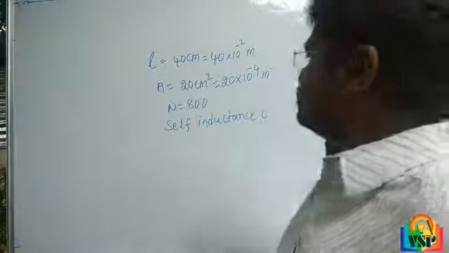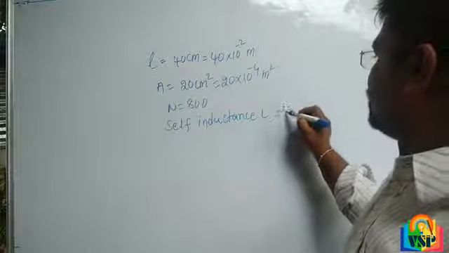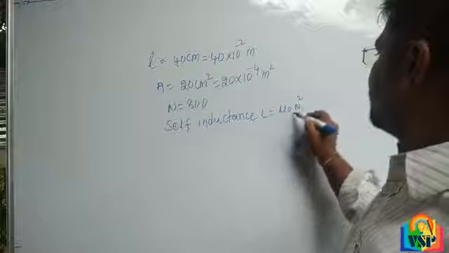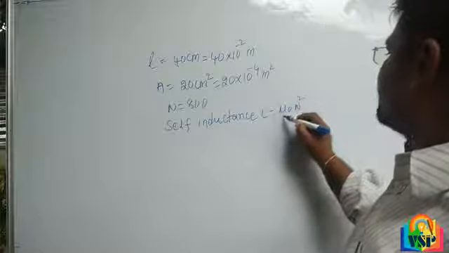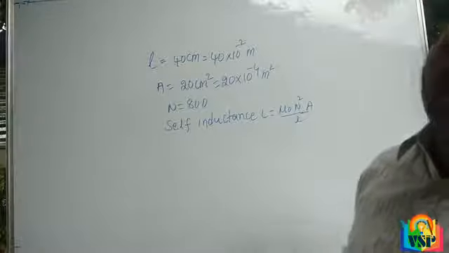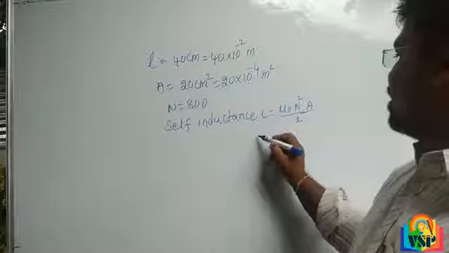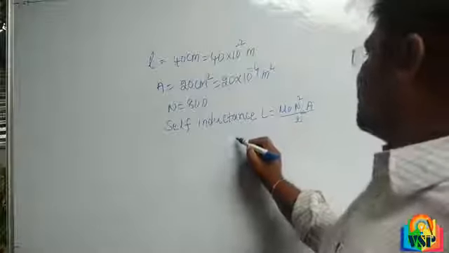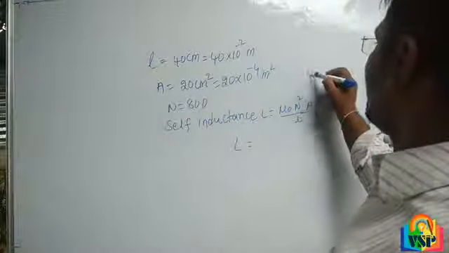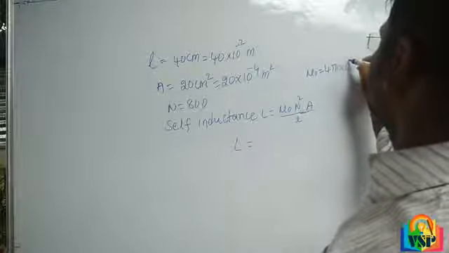L is equal to, we have to find L. What is the formula? L is equal to mu naught N square A divided by L. Okay, so we can substitute mu naught. What is mu naught? 4 pi into 10 power minus 7.